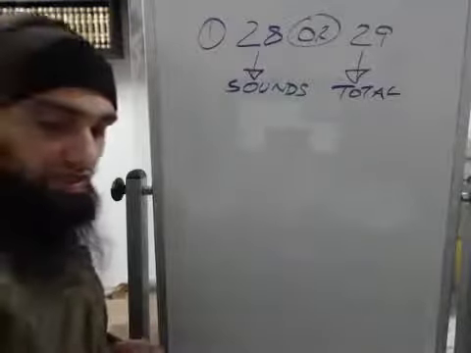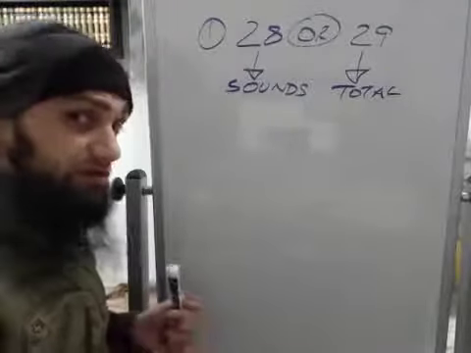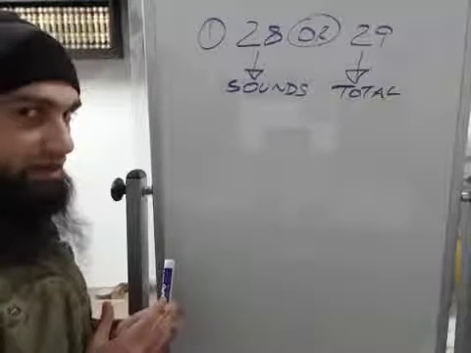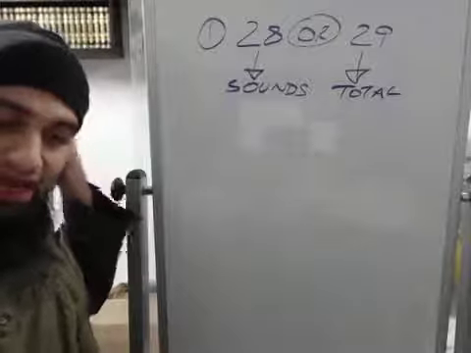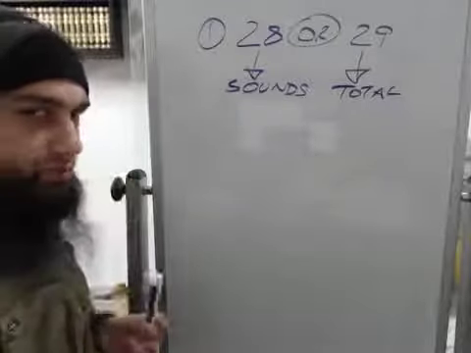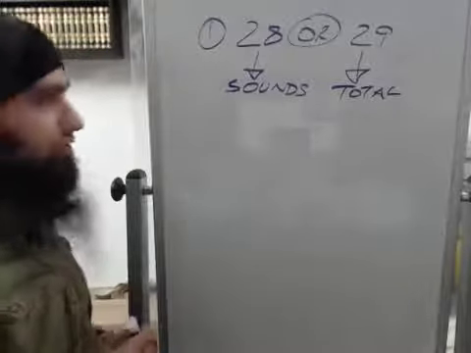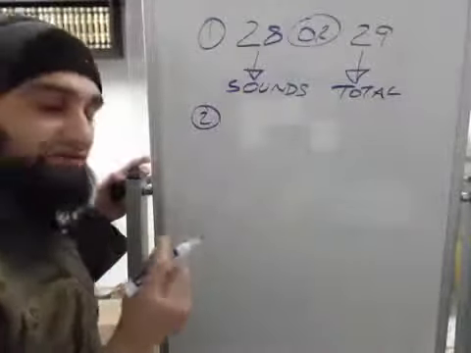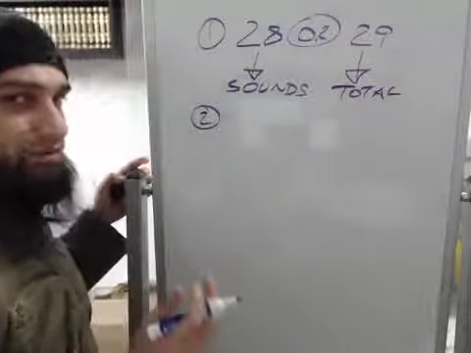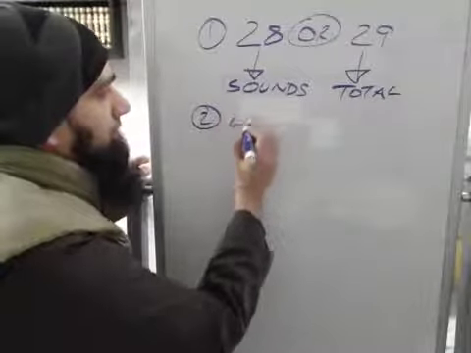Also, you need to understand that there are heavy sounds in the Arabic language and there are light sounds. What do you mean by heavy sounds and light sounds? You will see that practically as we begin our first lesson. But the first thing you need to know is the difference between heavy sound and light sound.